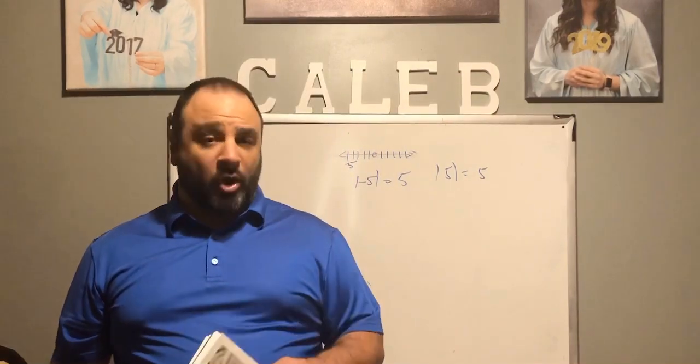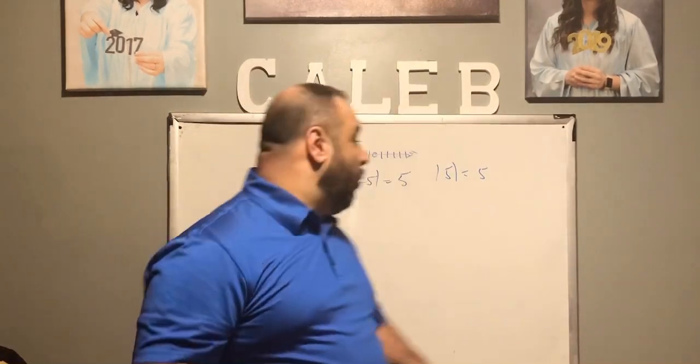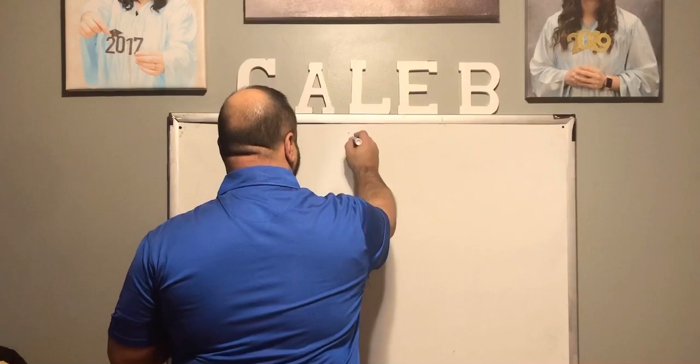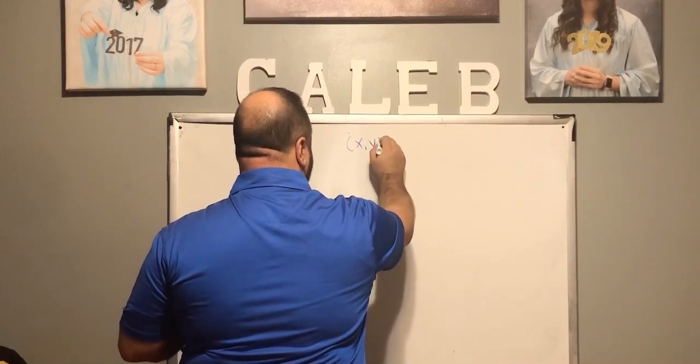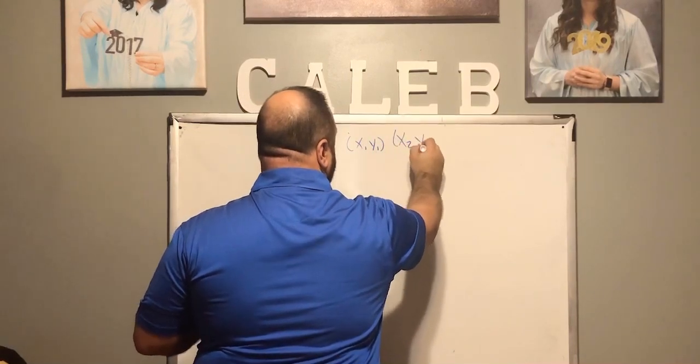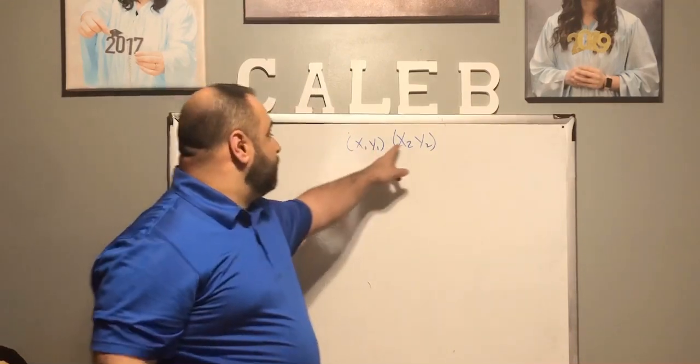Now, the distance between 2 points having the same y-coordinate. Here's the key. The distance between 2 points having the same y-coordinate is the absolute value of the difference between the 2 abscissas. I'm just going to denote we have 2 sets of points here.